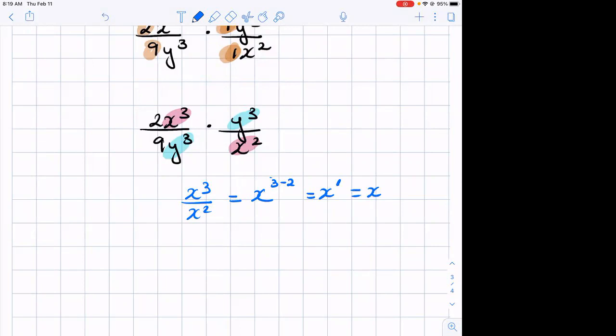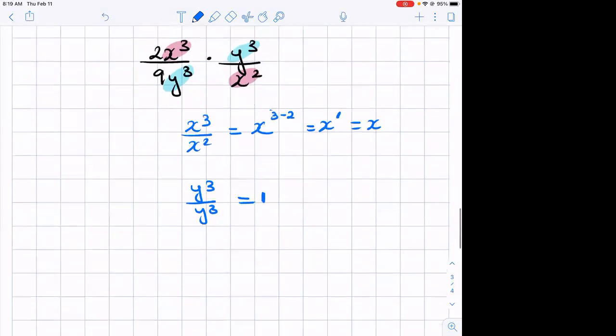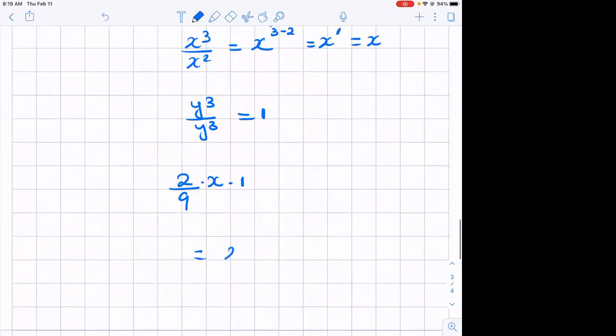And then y cubed divided by y cubed is equal to 1. Anything divided by itself is 1. So when we simplify, we will have 2 over 9 x times 1, which is the same as 2x over 9, or 2 over 9 times x.